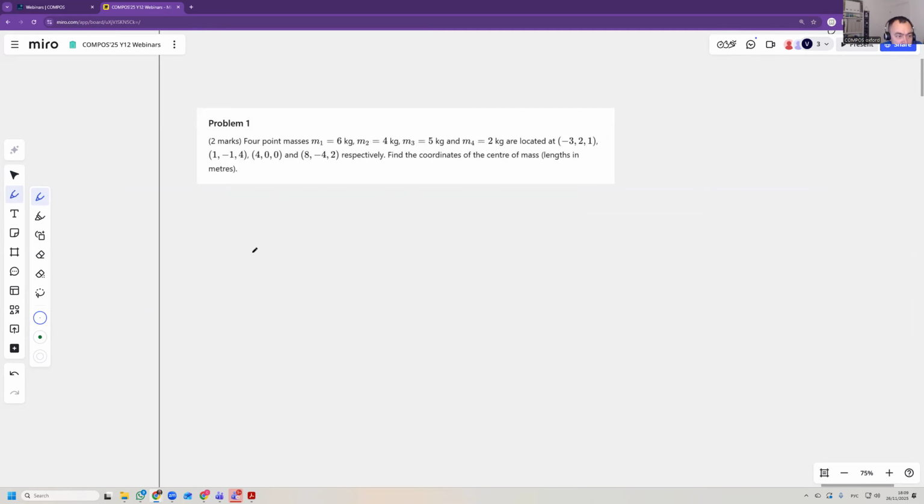So the position vector of the center of mass, we already know, is M1 R1 plus M2 R2 plus M3 R3 plus M4 R4 divided by M1 plus M2 plus M3 plus M4.